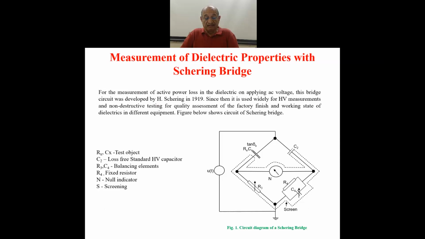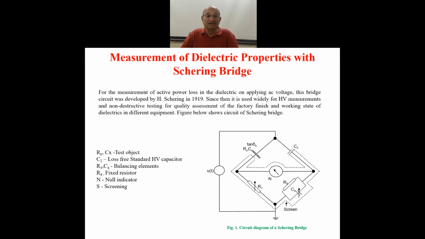If you have the value of a standard capacitor with air or vacuum as a dielectric, the standard capacitor with which you are measuring, for example, the parameters of transformer oil, there is a provision of a standard guard ring capacitor.